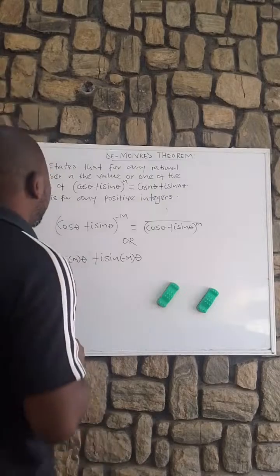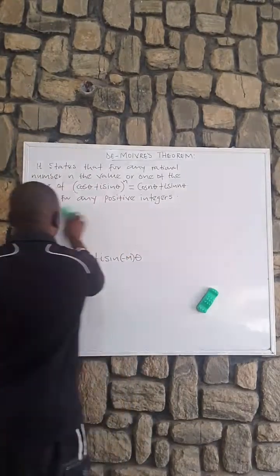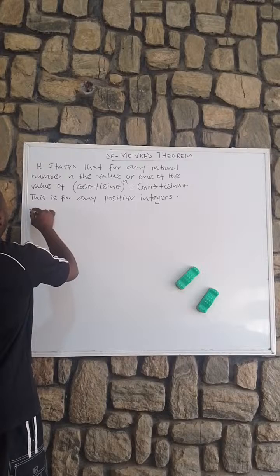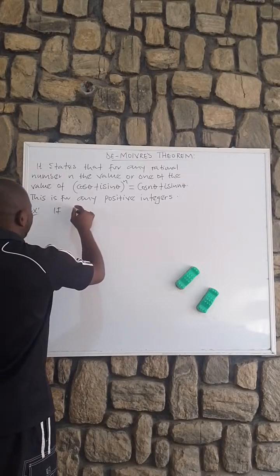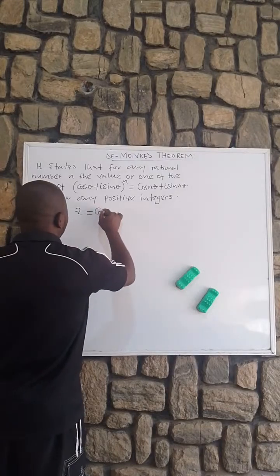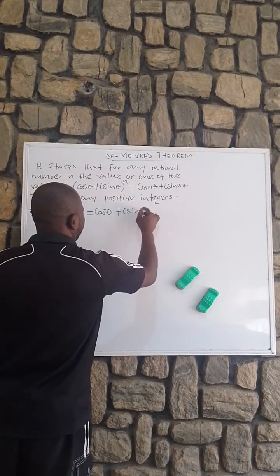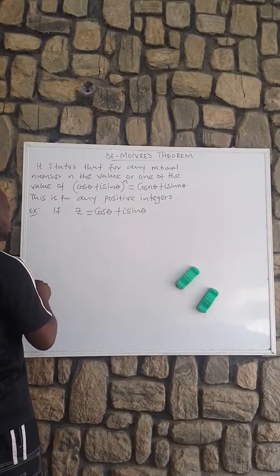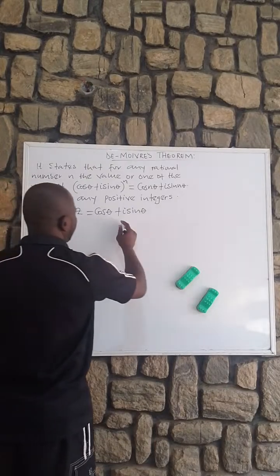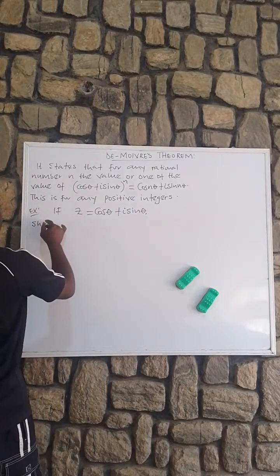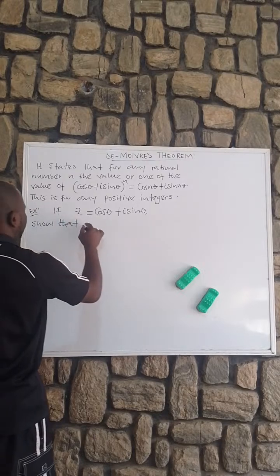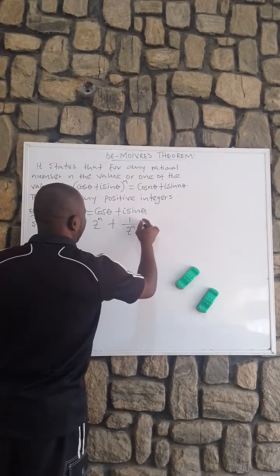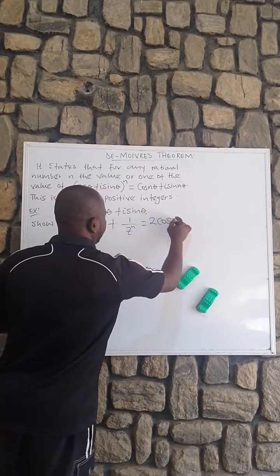Okay, let's solve this question. Let's consider an example: if z is equal to cos theta plus i sin theta, then show that z raised to the power n plus 1 all over z raised to the power n is equal to 2 cos n theta.